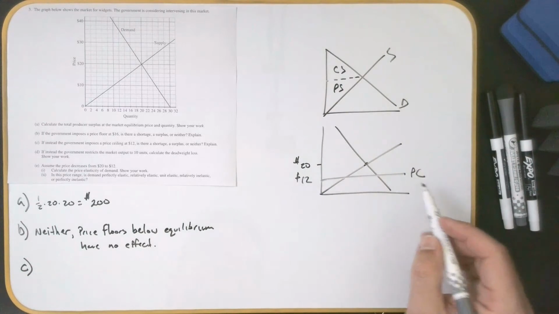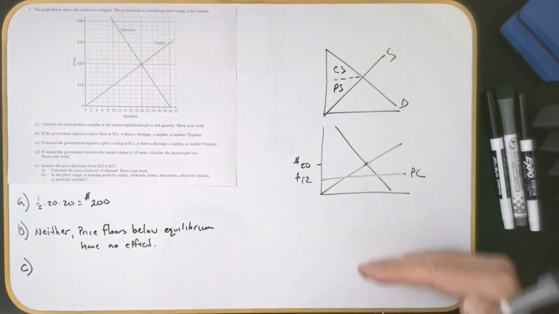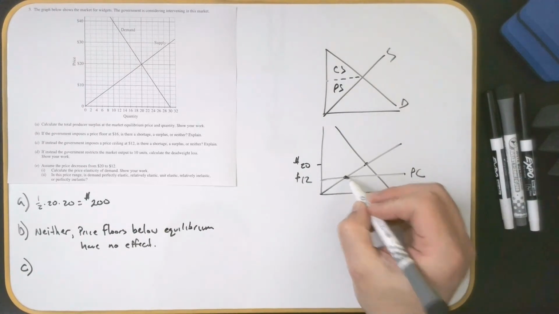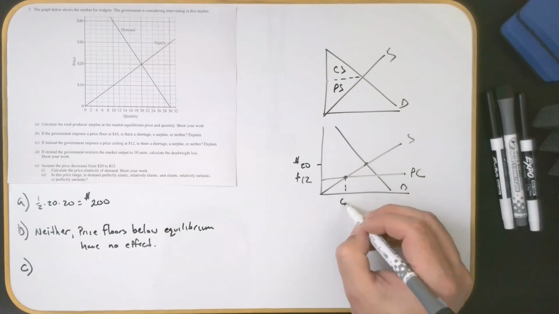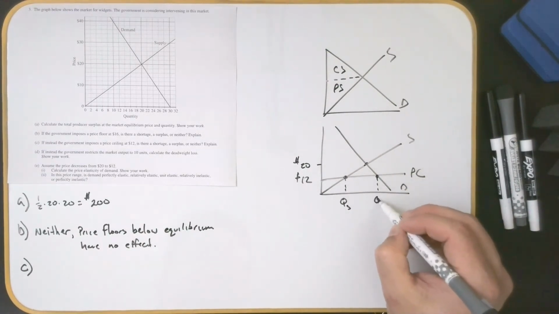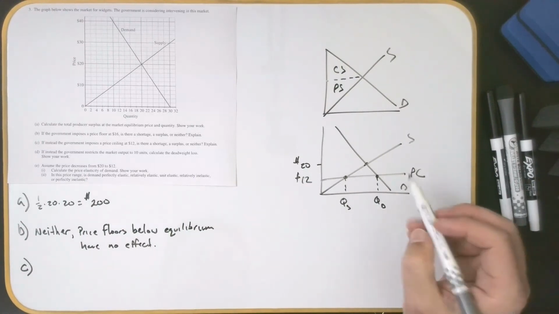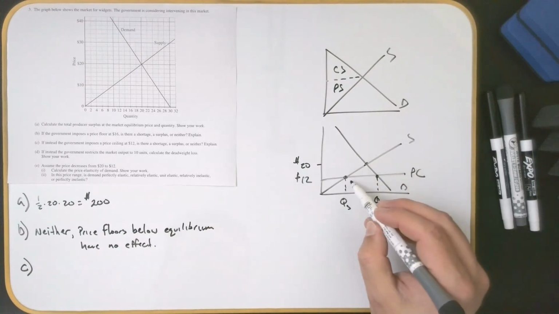Therefore, we're going to put in a price ceiling that does not allow the price to rise. It hits the ceiling. It doesn't allow it to rise past this amount. And so if we look at our typical curves here, that means your quantity supplied is far less than your quantity demanded. If your quantity supplied is less than your quantity demanded at this low price, you're going to have a shortage.